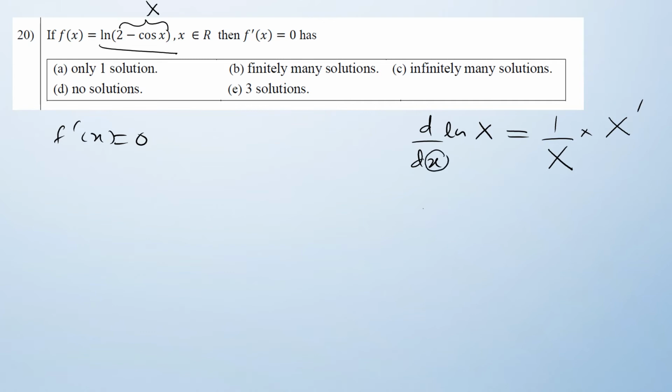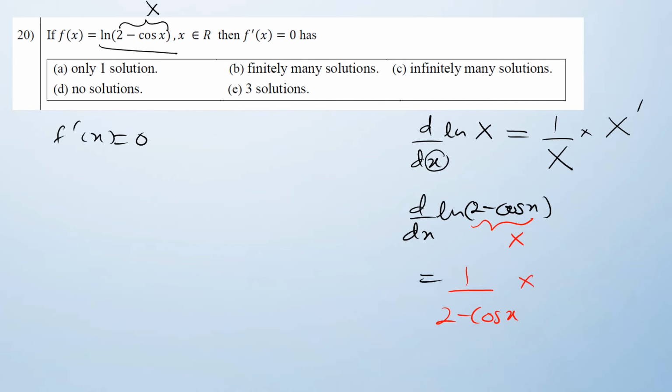So we have d over dx of ln(2 minus cos x), which equals 1 over 2 minus cos x, multiplied by the derivative of 2 minus cos x with respect to x.